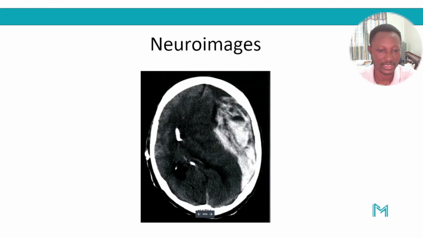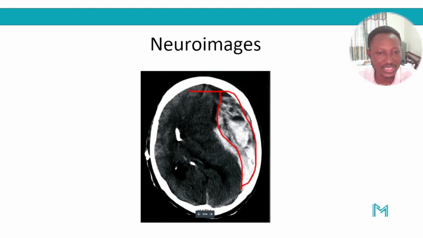Now let's take a look at these images. In this image, you can clearly see this crescent shape hyperdense lesion, isn't it? Crescent shape, hyperdense. It's white, it's whiter than the rest of the brain.